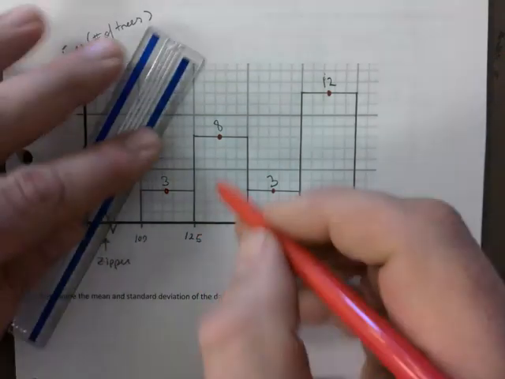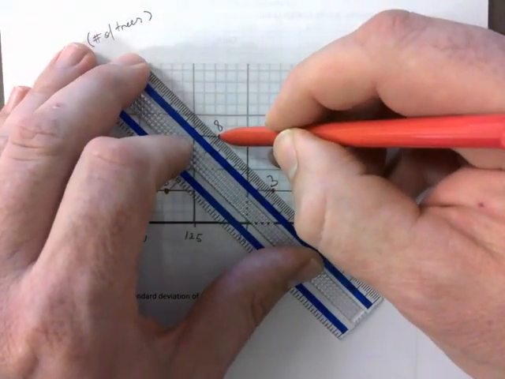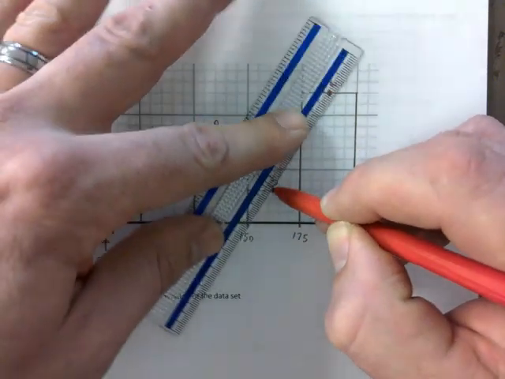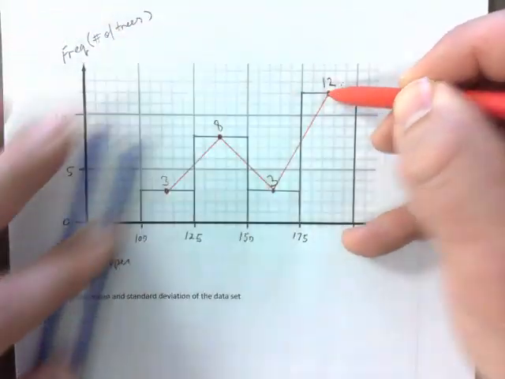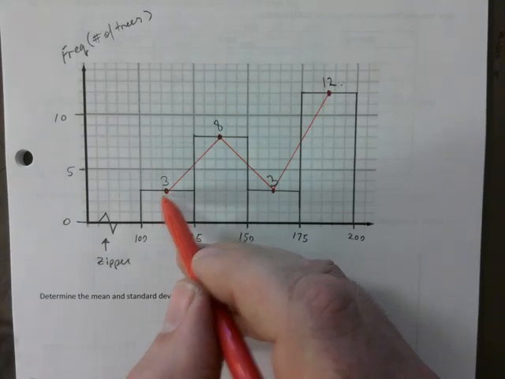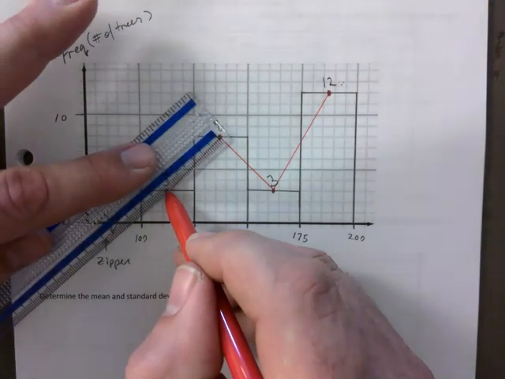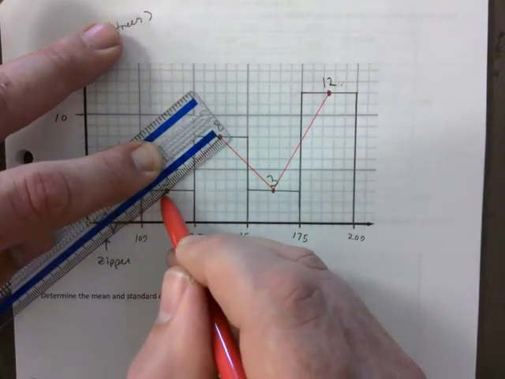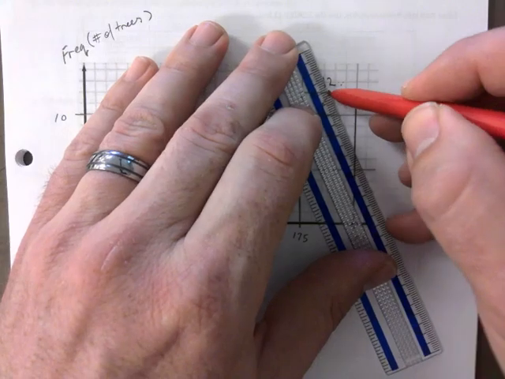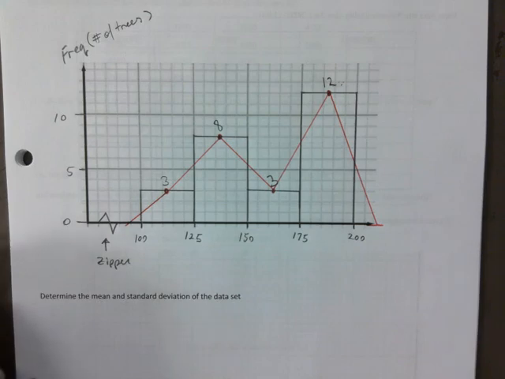And you connect them from dot to dot, okay? But right now, you would not get full marks yet. You have to make contact with the x-axis at one point. So just take your ruler and make contact with the x-axis, and then you're fine.